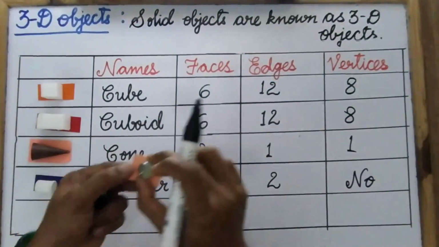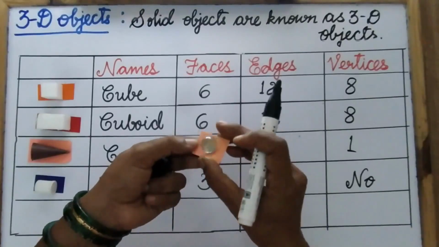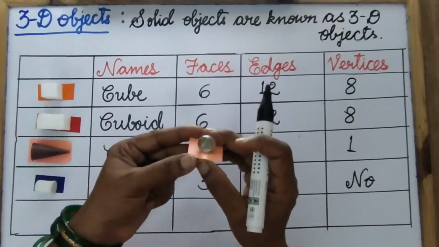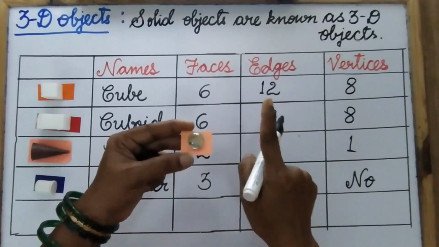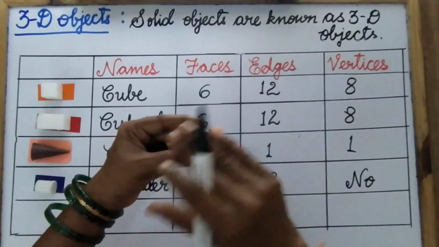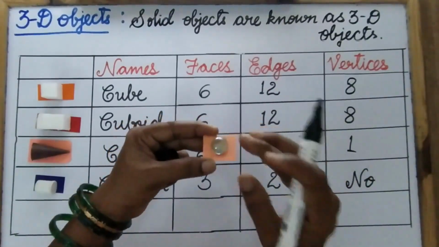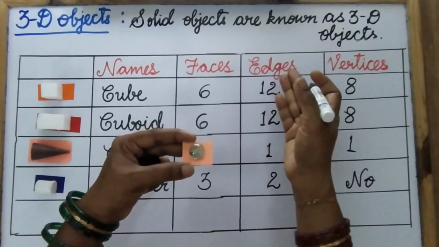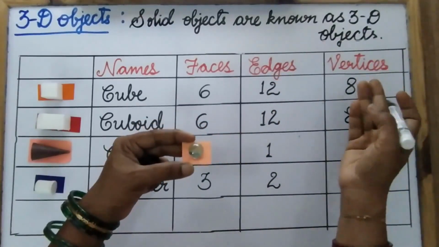Here comes the shape sphere. What about a sphere? A sphere has only one face, that is a curved surface. It does not have a flat surface. As it has only one curved surface, there are no edges and no vertices.